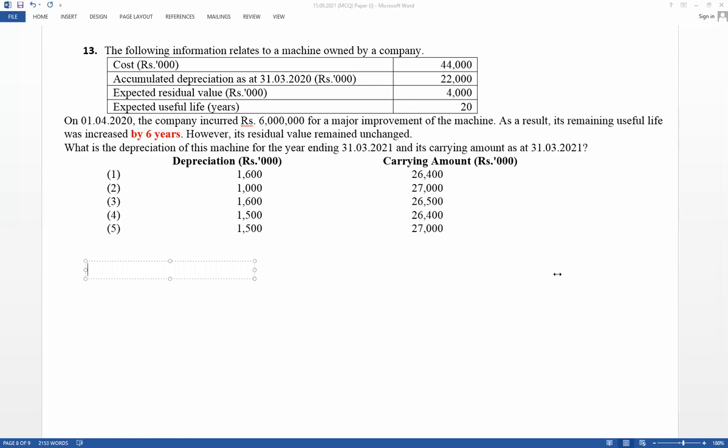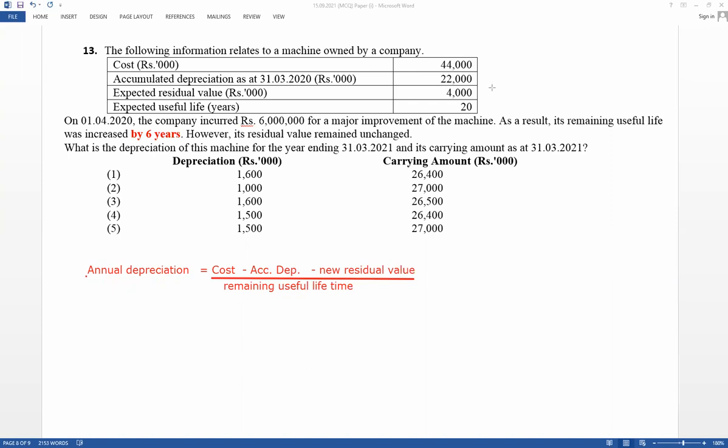Annual depreciation equals cost minus accumulated depreciation minus new residual value, divided by remaining useful lifetime. This is the equation you have to apply if it has given changes in accounting estimates.